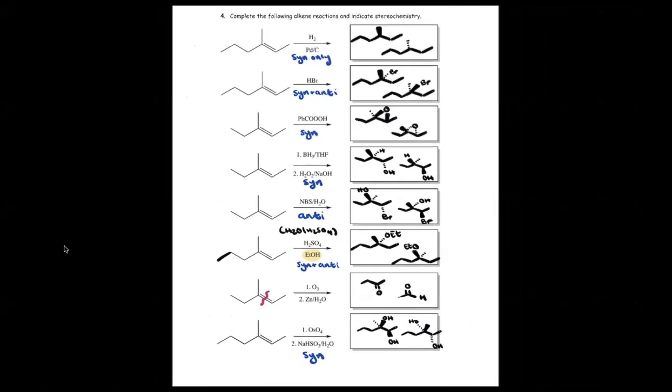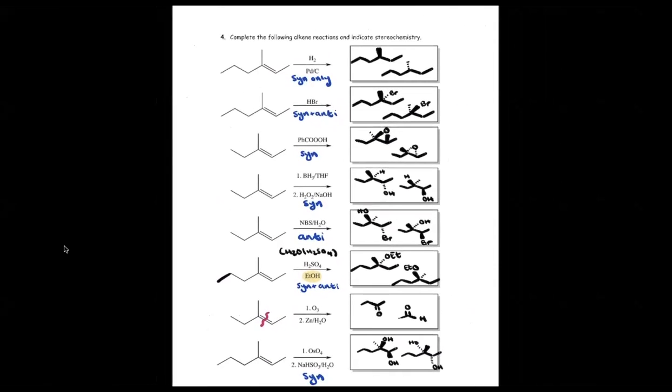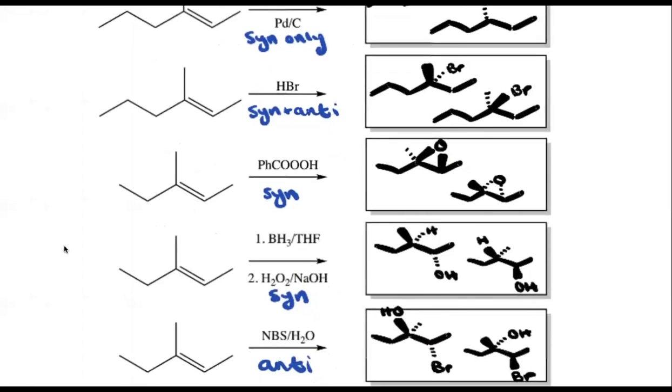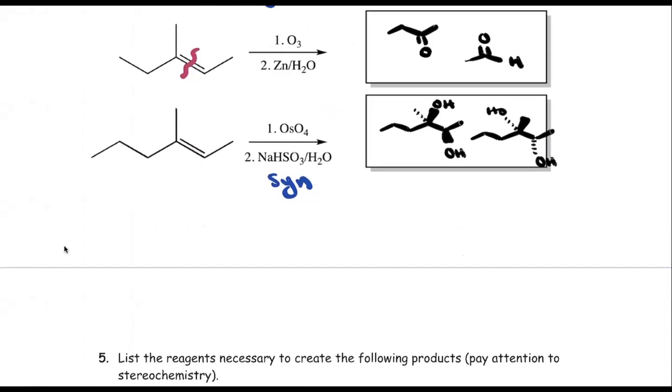Cool. So remember that if you have a reaction that's syn and anti, it undergoes a carbocation. Okay. So I guess just to kind of quickly recap. Syn adds at the same time. Anti, the only anti reactions are the bromonium ion ones.